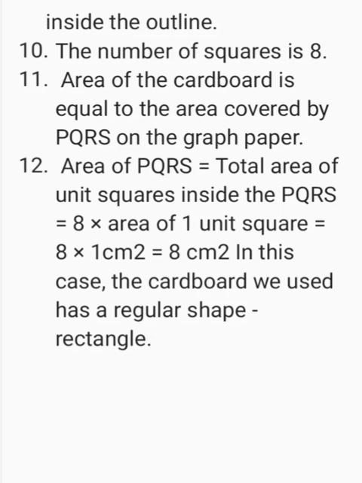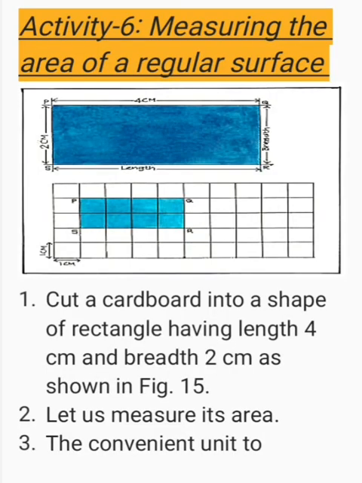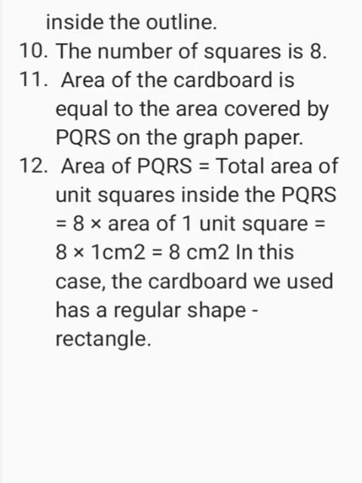Area of the cardboard is equal to the area covered by PQRS on the graph paper. Area of PQRS = total area of unit squares inside PQRS = 8 × area of 1 unit square = 8 × 1 cm² = 8 cm². In this case, the cardboard we used has a regular shape, a rectangle.